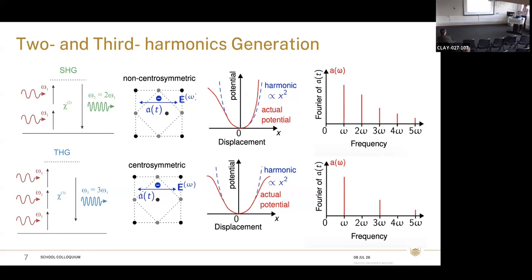For center symmetrical material, because of the symmetry and the harmonic potential of the material, the even harmonic is not allowed. For non-symmetrical material, the symmetry is broken and the electron can oscillate with other frequencies, so we can observe second and fourth harmonics.